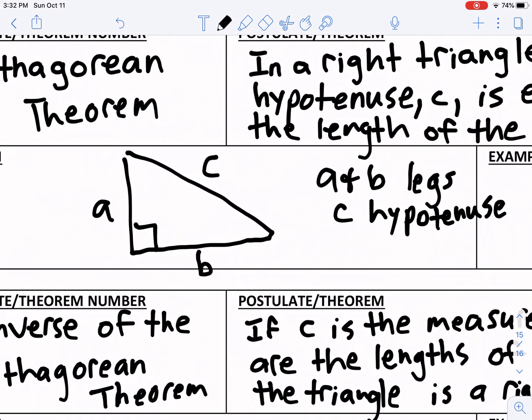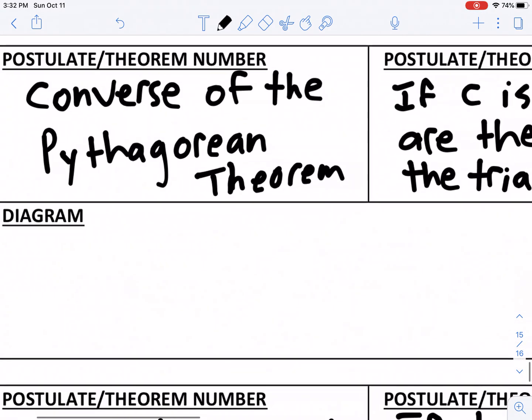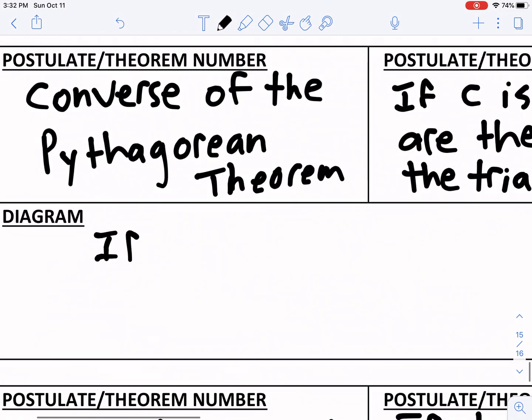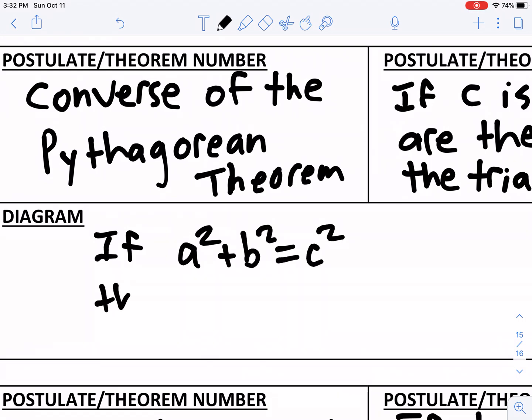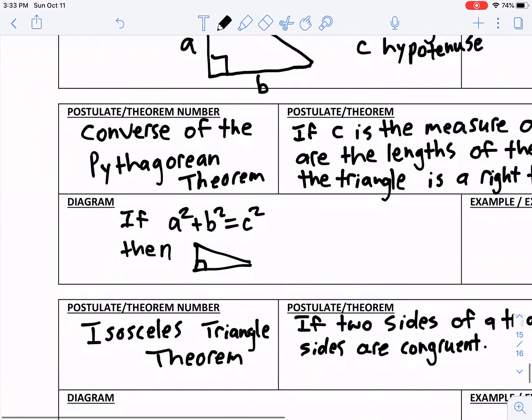So it's the exact opposite of what we just said. So if we know that the two legs squared added together equal C squared, then we have to have a right triangle, okay?